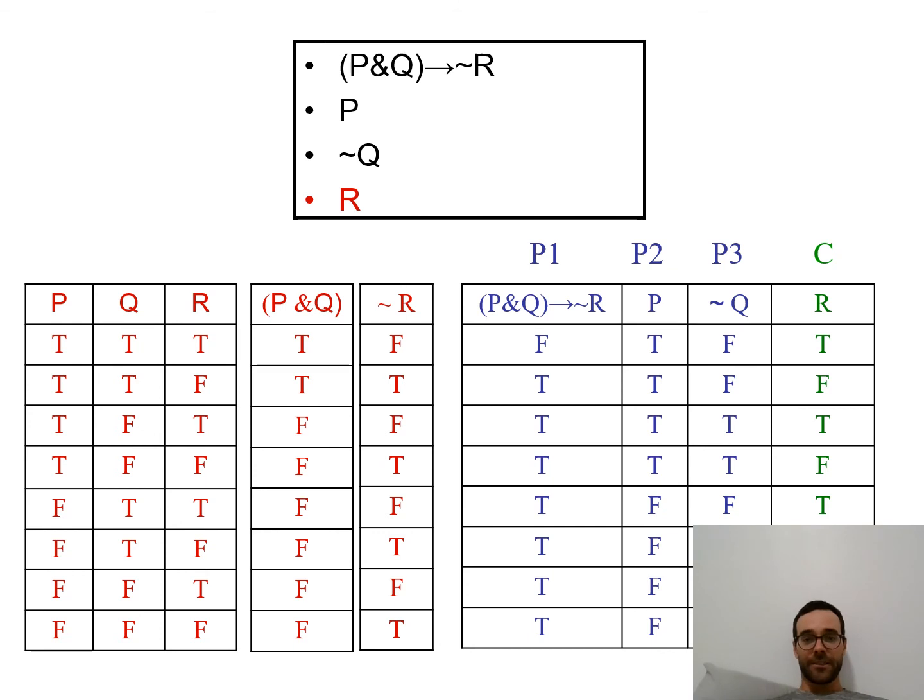So with our completed truth table, we now want to look and see if there are any instances where we have true premises and a false conclusion. Here, it seems as though in row, let's see, 1, 2, 3, 4, in row 4, we have true premises and a false conclusion.